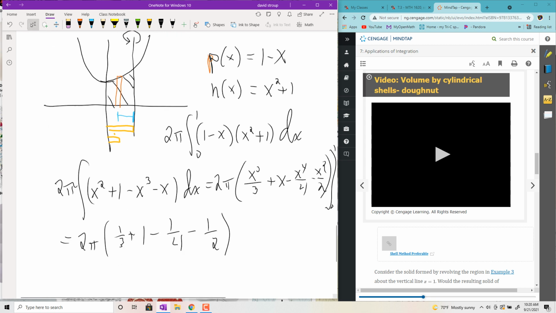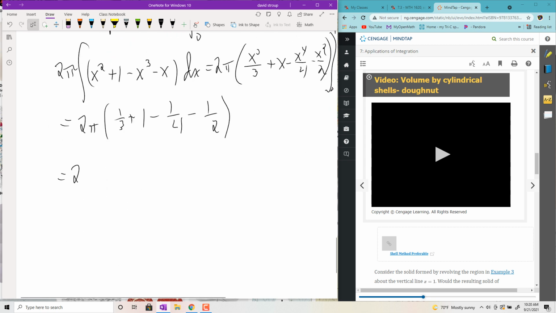Want a common denominator amongst all this junk. So I guess we're making that 12. So this would be 4 over 12, 12 over 12, 3 over 12, and then 6 over 12. So 16 minus 9, which is 17/12. And then times 2 is going to give me 17 pi over 6, I believe, unless I made some drastic error in my calculations. Let me try that again.